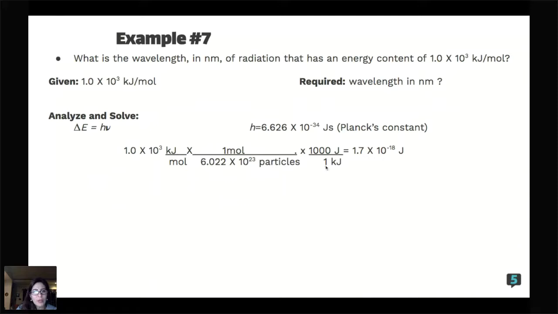And then we're going to use the factor to get rid of kilojoules and get joules. So with this first ratio, we're going to cancel moles. And then with the second one, we cancel kilojoules, and we end up with joules. Any questions on how to do this process?